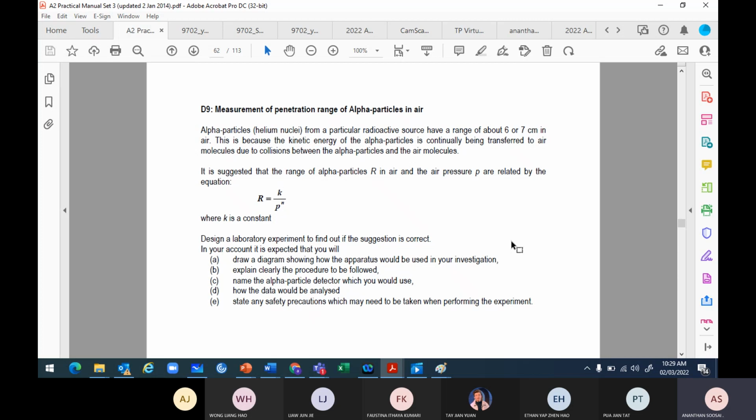Use what? Vacuum pump. Connected to a vacuum pump. It's a pump that removes the air from the container. So when you remove the air, the pressure changes.